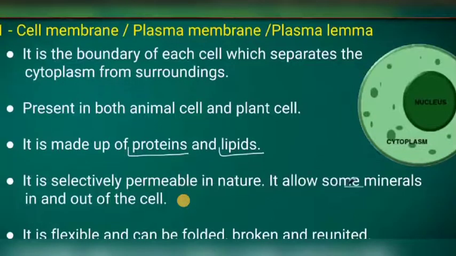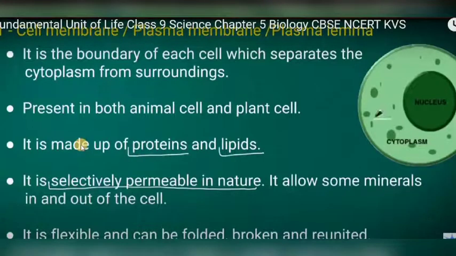It may be asked in the exam to write down the main constituents of the cell membrane, or which two main constituents make up the cell membrane. That is protein and lipid. One more thing, the plasma membrane is made up of lipoprotein, meaning it is made up of lipid and protein.